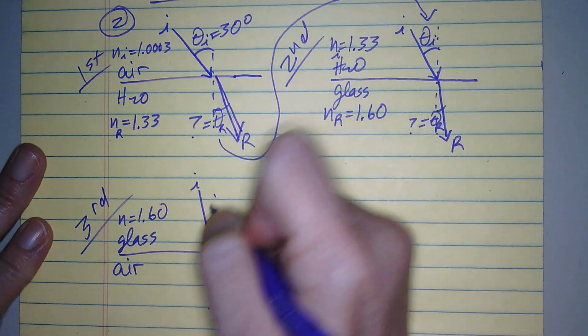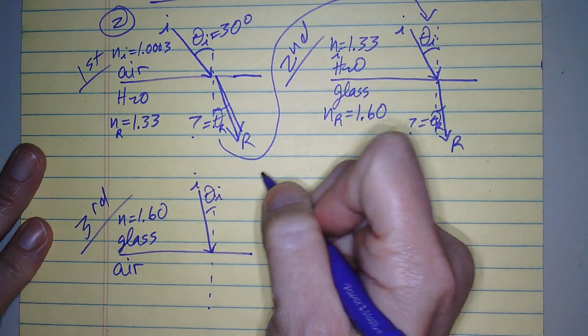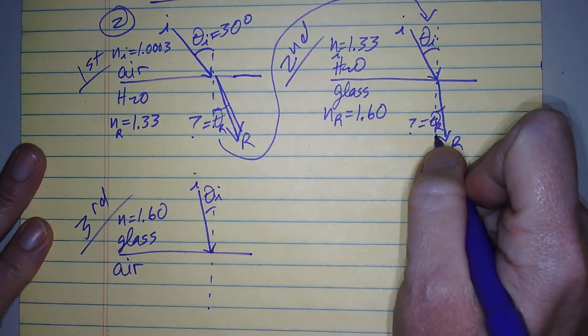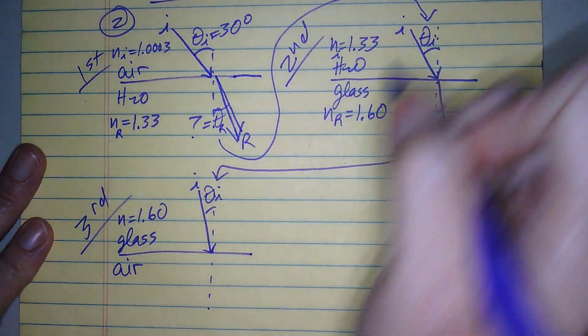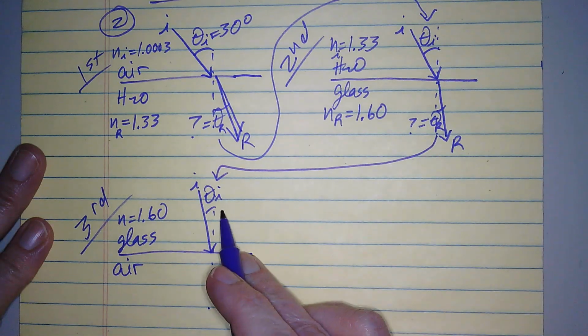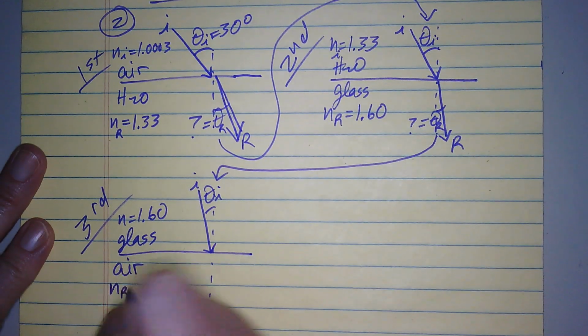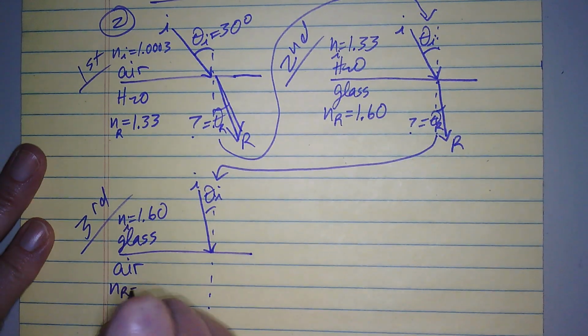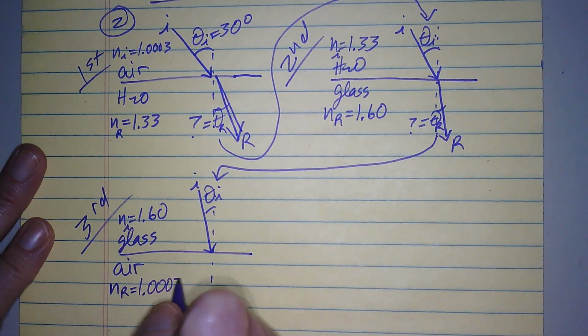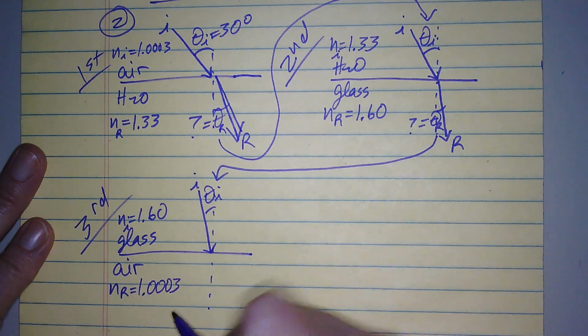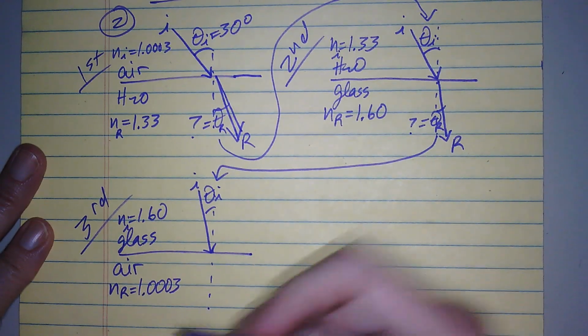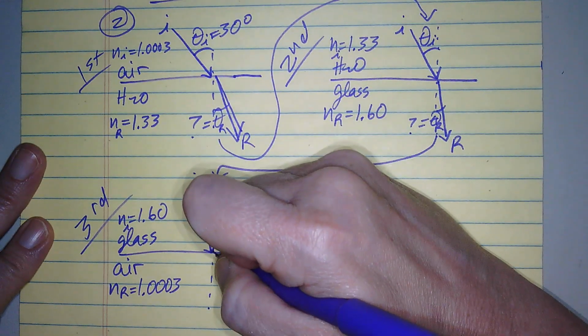This is my incident, and this is my theta I, which is the same as my theta R that was right there. So that theta R now becomes this theta I. Air is the refracted material, so that's 1.0003. So it's speeding up, and now it bends away from the normal.